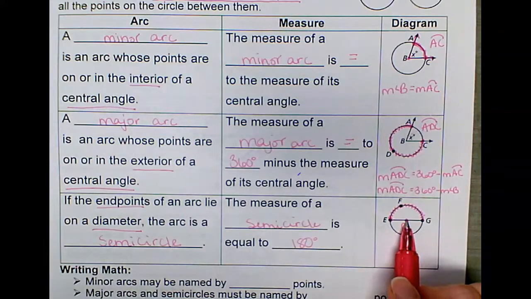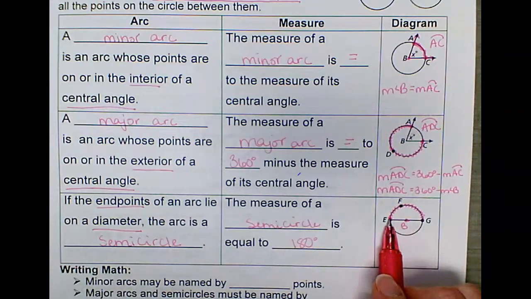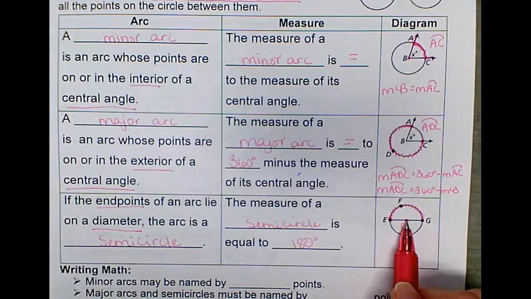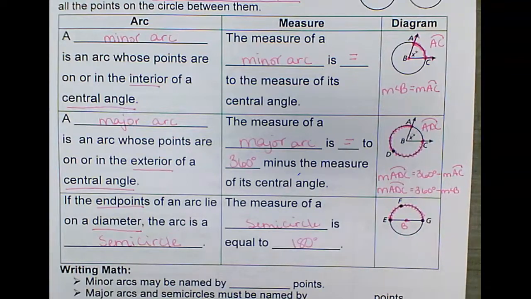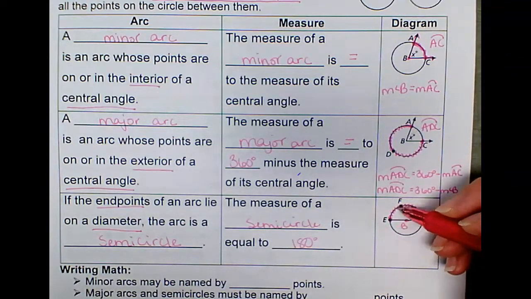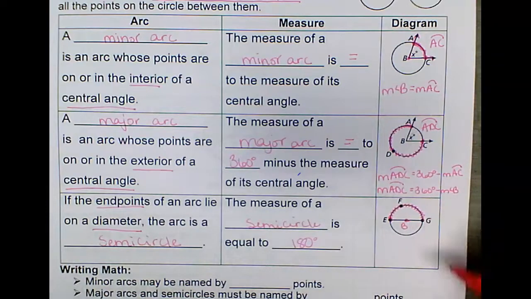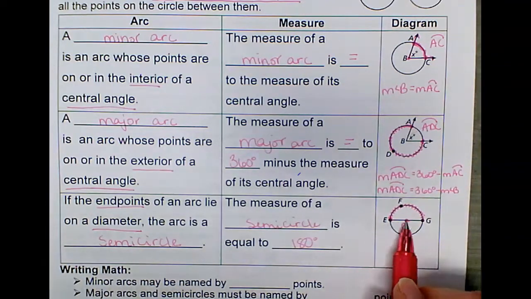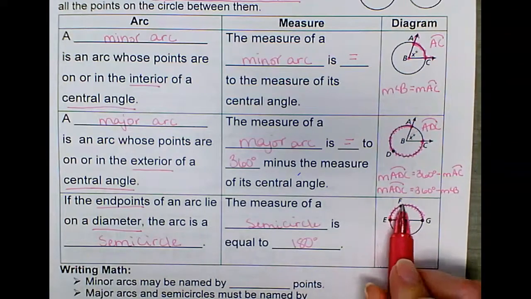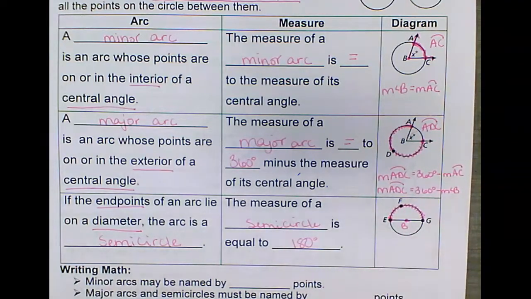And this is creating a straight angle, but it's a central angle because its vertex is at the center of the circle. So this 180 degree angle also gives the measure of the semicircle, and that would also be 180 degrees. So if my central angle is 180 degrees, then my arc measures 180 degrees, and it's called a semicircle.